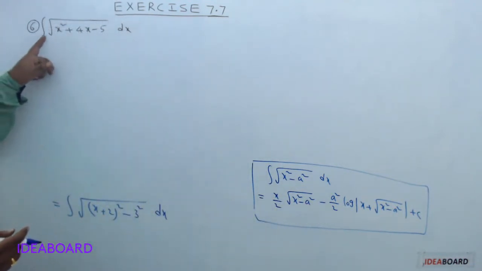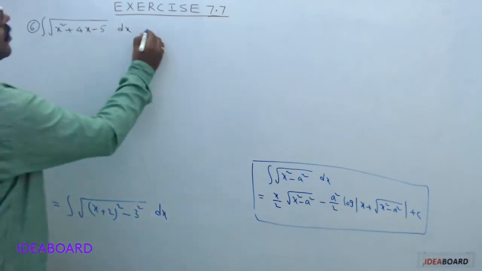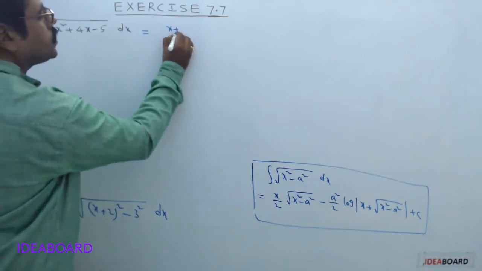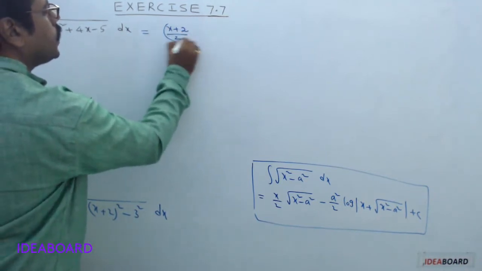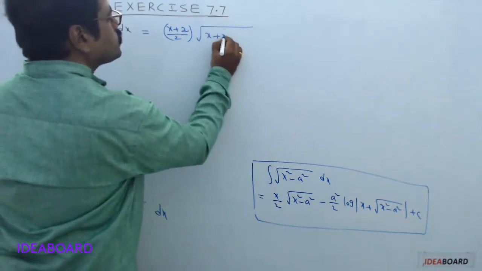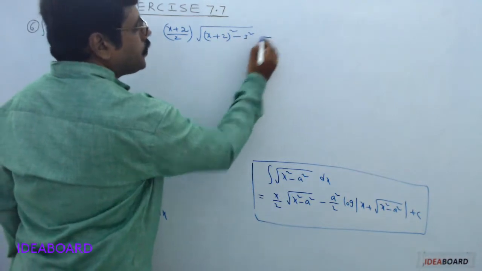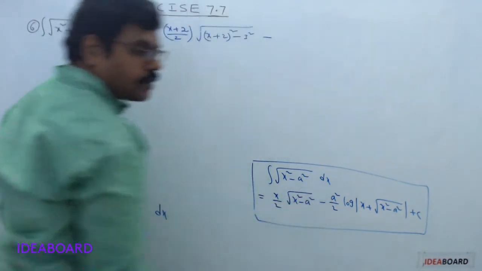So integral square root of x² plus 4x minus 5 dx is equal to (x+2)/2 into square root of (x+2)² minus 3², minus a²/2.